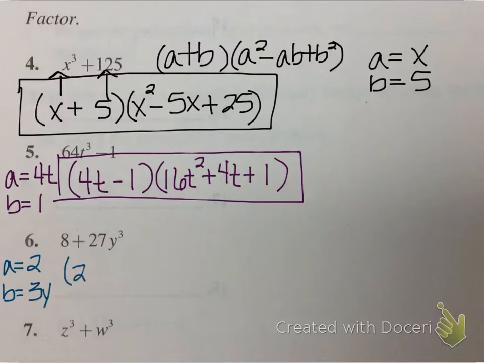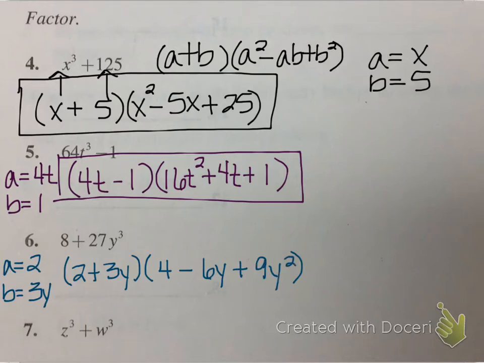So I've got 2 plus 3y is my binomial. My trinomial would be a squared, so that's 2 squared, so that's 4. And then it's minus a times b, which would be 2 times 3y, which is 6y, plus b squared, which is 3y squared, so 9y squared.